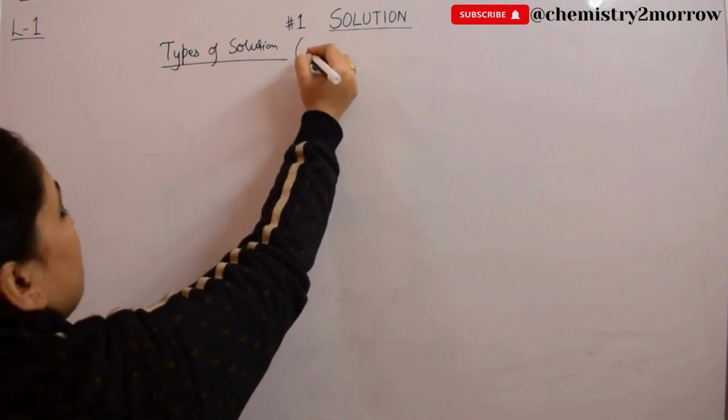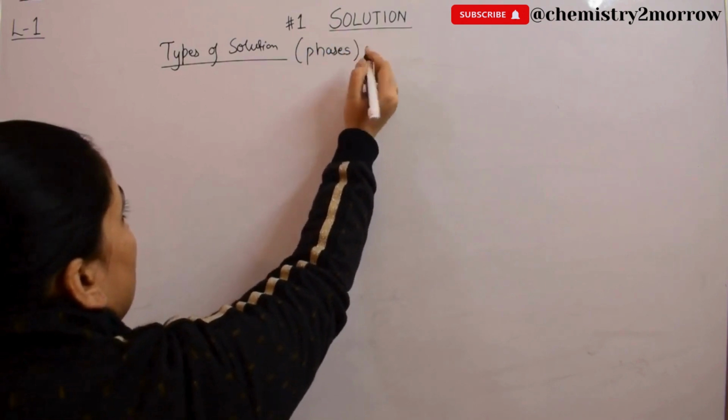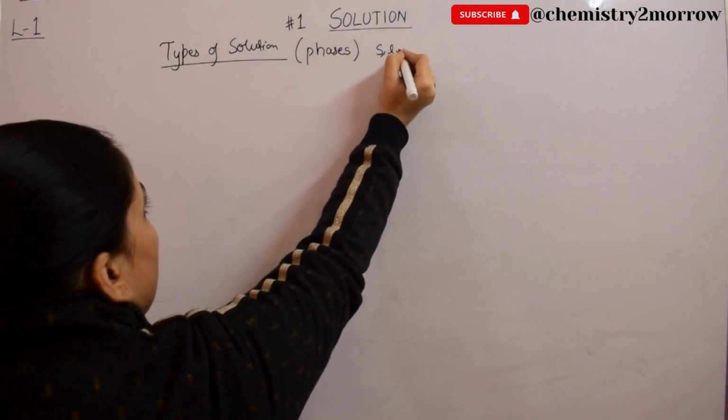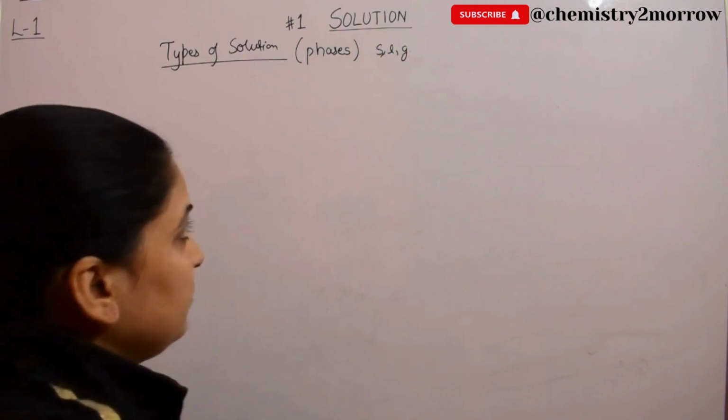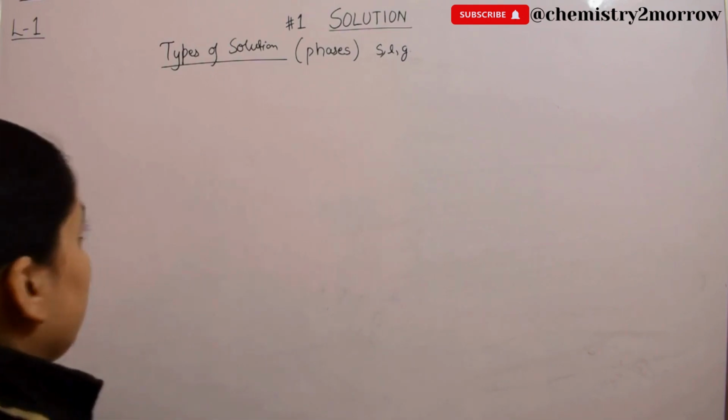This type is classified in terms of phases. Phase means solid, liquid and gas. The three phases that you have done before in chemistry and otherwise also.